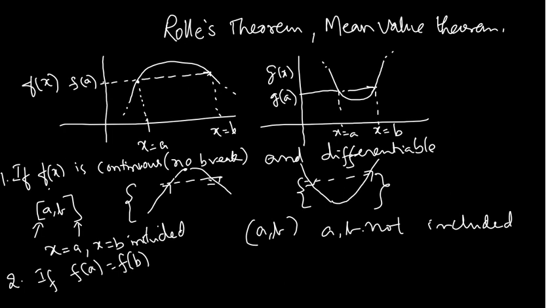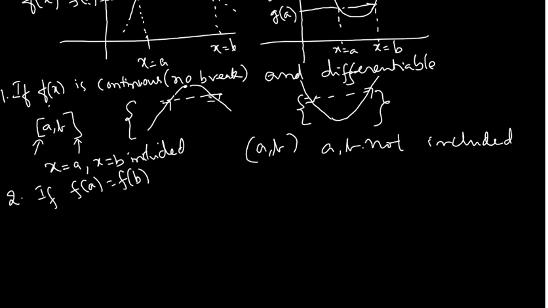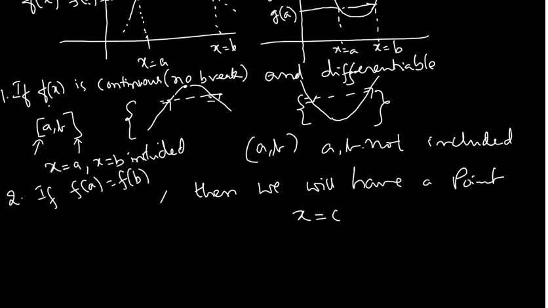So in this case, first example, it can be f of x or it can be g of x. So there is no break between a and b. That is condition number 1. No break and differentiable. And also f of a equal to f of b. F of b is nothing but the same f of a value, right? Then the statement says that if f of a equal to f of b, then there exists, both mean the same, a point x equal to c in interval (a, b).